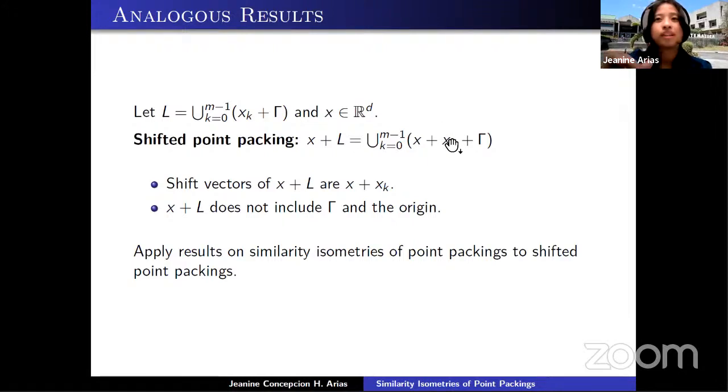Instead of gamma, we will now have x plus gamma as a component, and the origin is also not included in this set. Nonetheless, this is still a union of shifted copies of gamma, and hence we may still apply the results for point packings to shifted point packings.